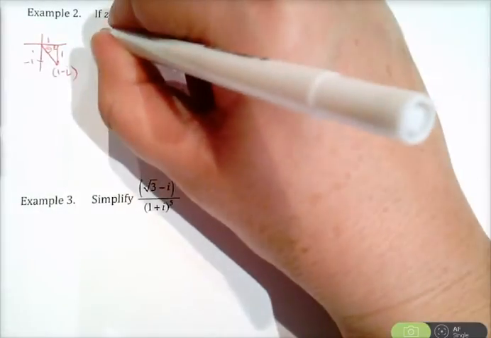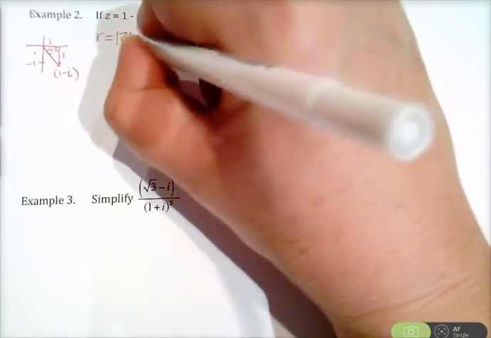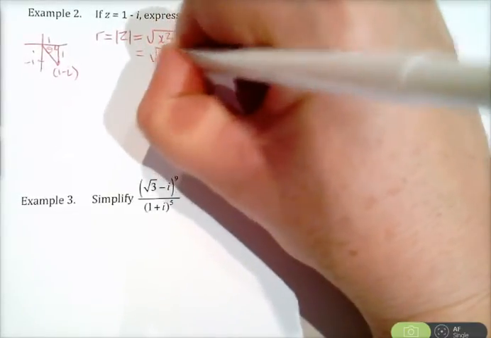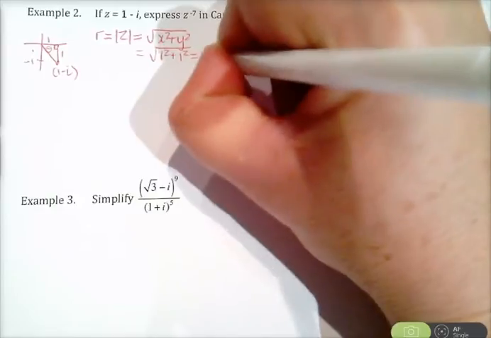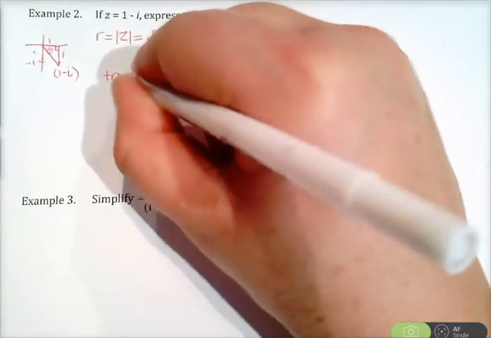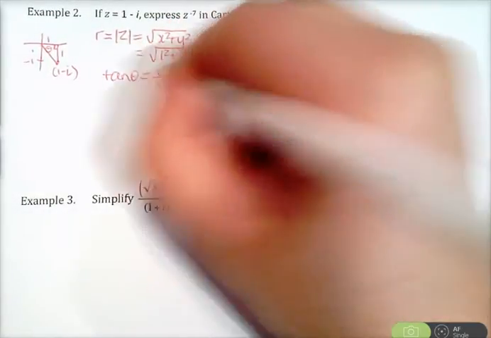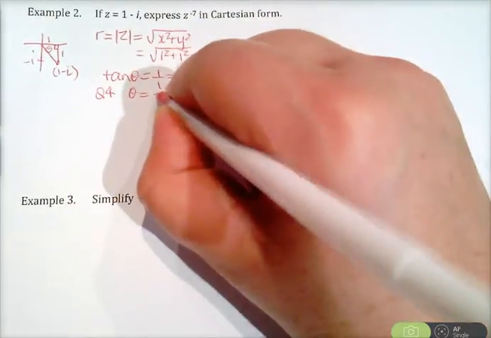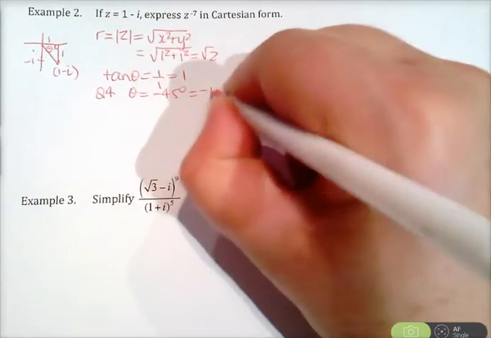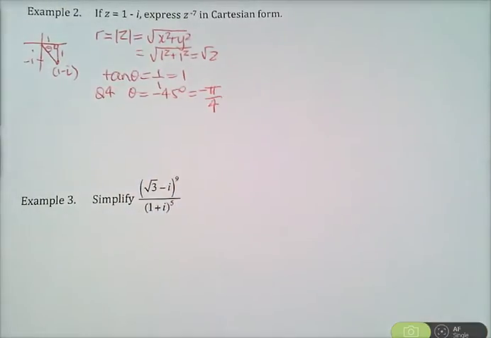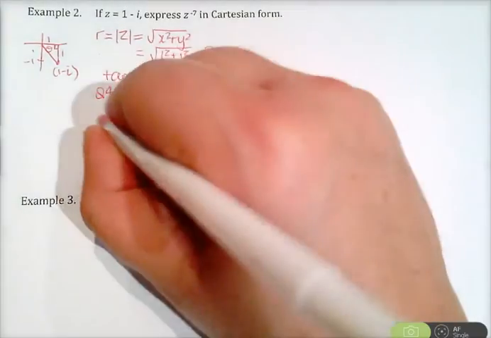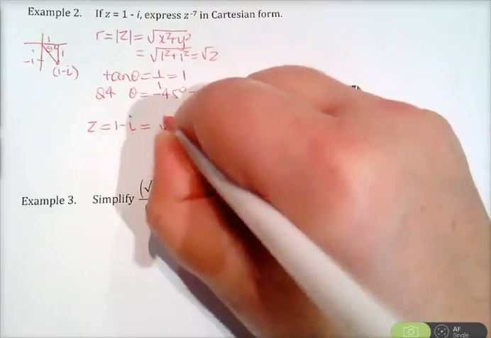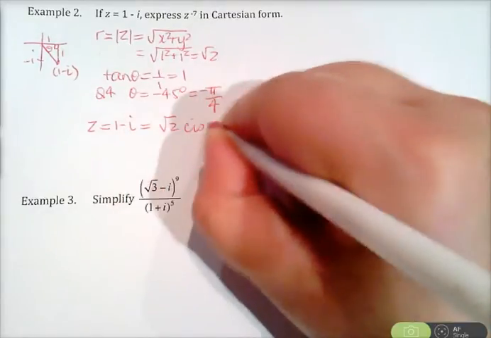But let's just do r, the modulus of z, which is the square root of x squared plus y squared, which is the square root of 1 squared plus 1 squared, which is the square root of 2. We know that tan theta is 1 on 1, which is 1. Therefore, theta is, because we're in quadrant 4, minus 45 degrees, or minus pi on 4. So therefore, your complex number z equals 1 minus i is root 2 cis minus pi on 4.